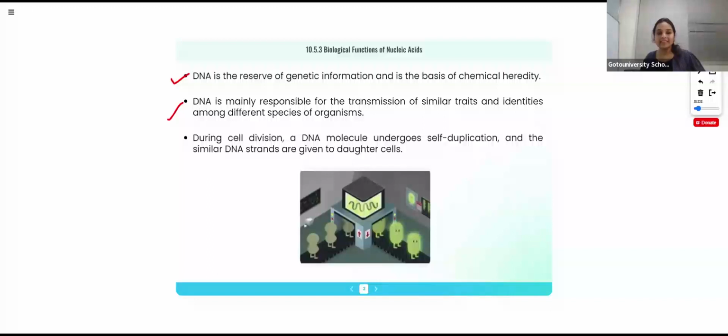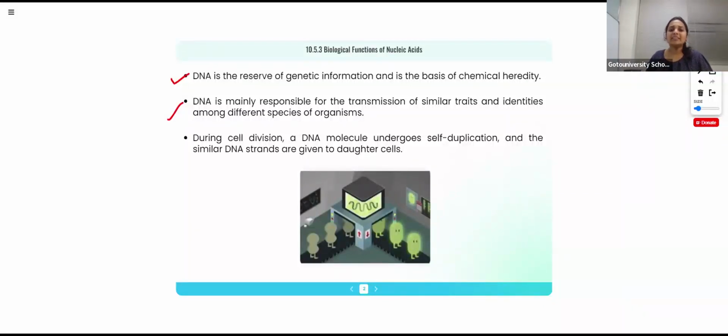Whatever the characters we have in our body, there is a DNA responsible for each of them. So this information is carried from one generation to another through DNA, the nucleic acid.